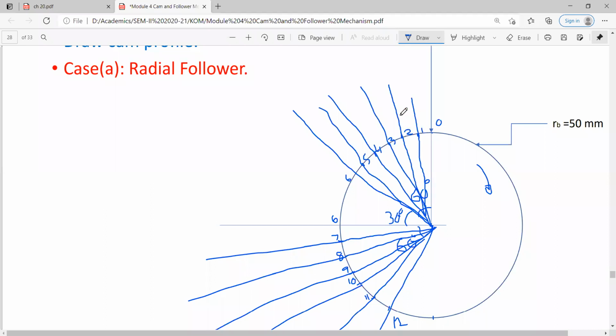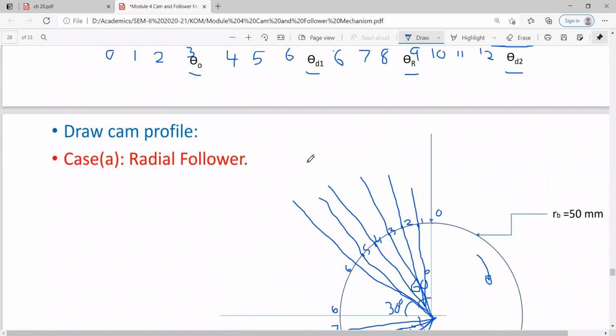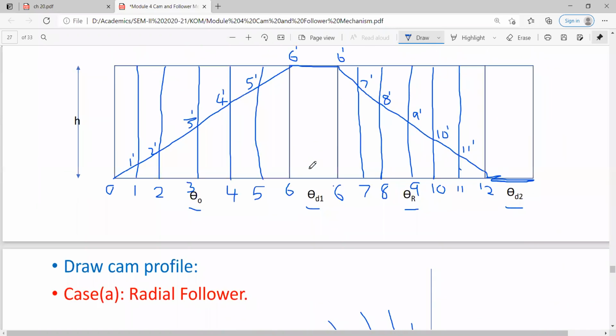Similarly, at point 2, what is the distance at the displacement diagram? Okay, so you go to the displacement diagram. You can see at point 0, there is no displacement here.